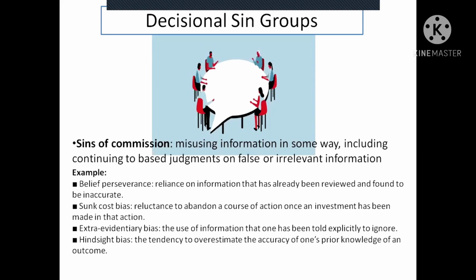Examples are belief perseverance, reliance on information that has already been reviewed and found to be inaccurate; sunk cost bias, reluctance to abandon a course of action once an investment has been made in it; extra-evidentiary bias, the use of information that one has been told explicitly to ignore; and then hindsight bias, the tendency to overestimate the accuracy of one's prior knowledge of an outcome.